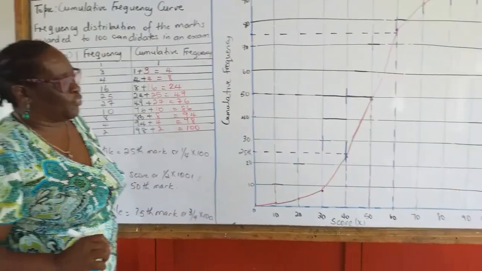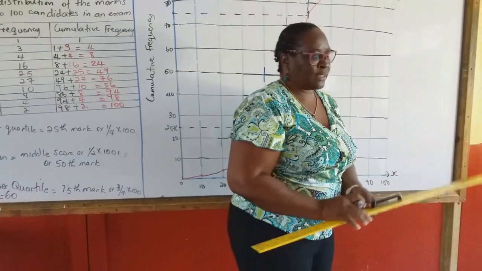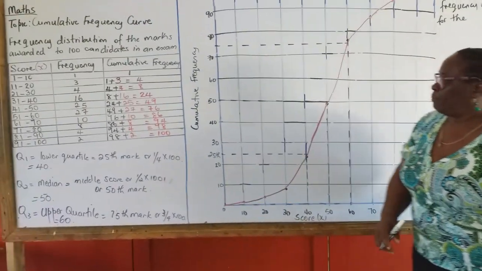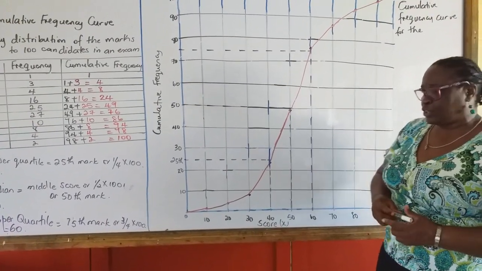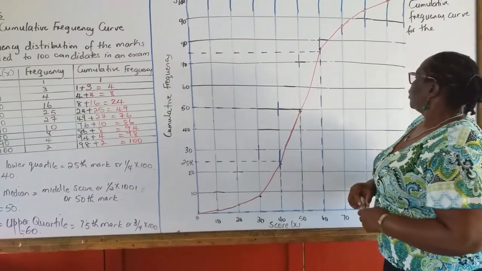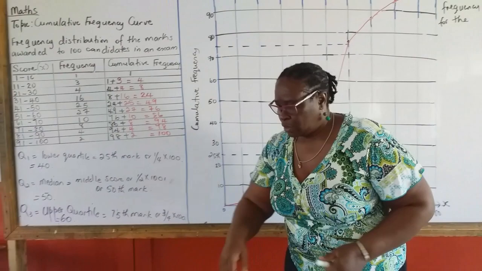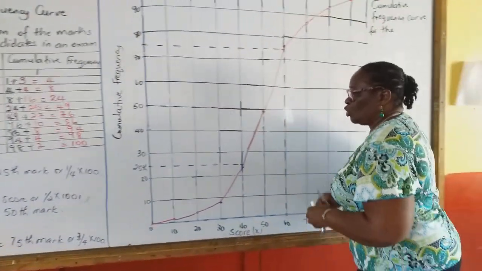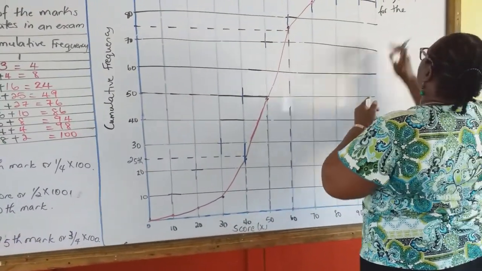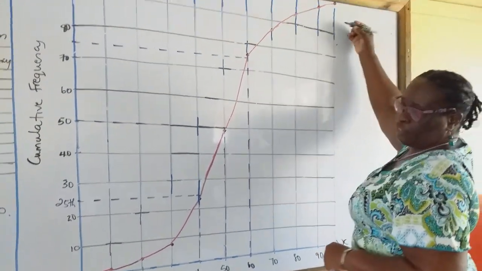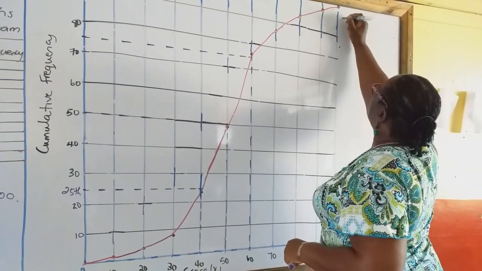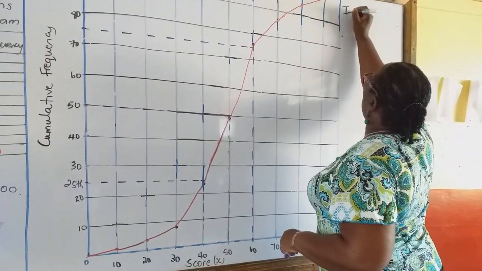So that is how you would find your upper quartile, lower quartile, and your median from the graph. And you must show your broken lines to show how you got it. Moving on. You can also be asked to find your interquartile range.